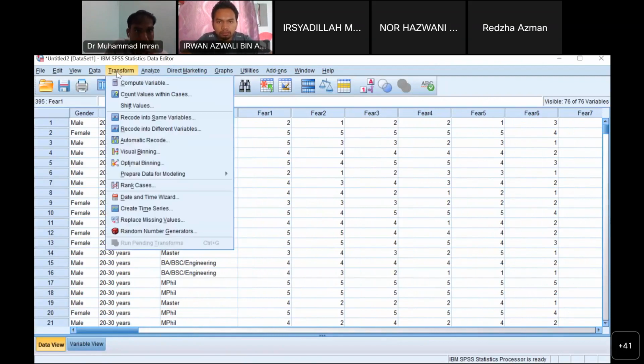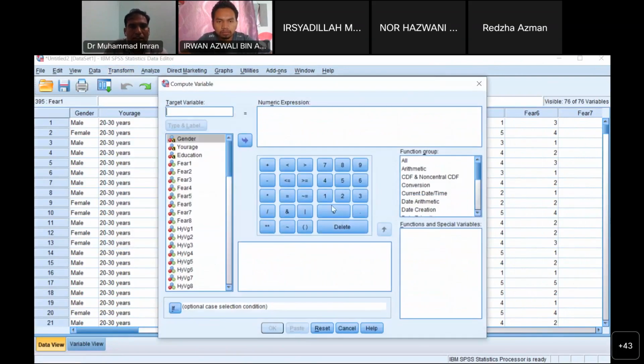So here, Compute. Write fair COVID, like this. You cannot give a space here.